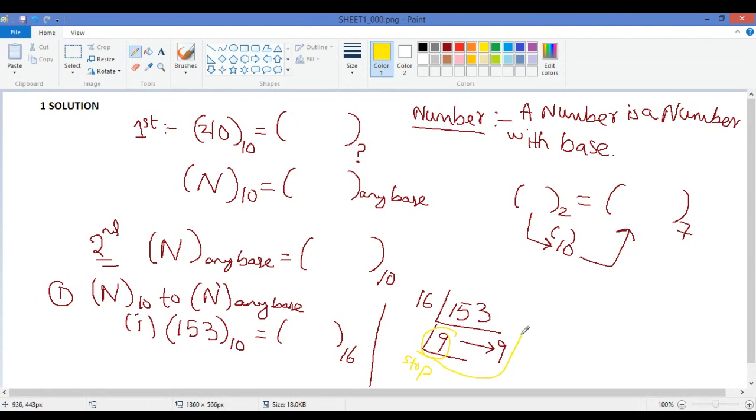So bottom you have number 9 and then next you have 9. So it means if you convert this in hexadecimal, you get 99 to the base 16. So the solution is, if you convert 153 of base 10 into base 16, you will get 99 to the base 16.